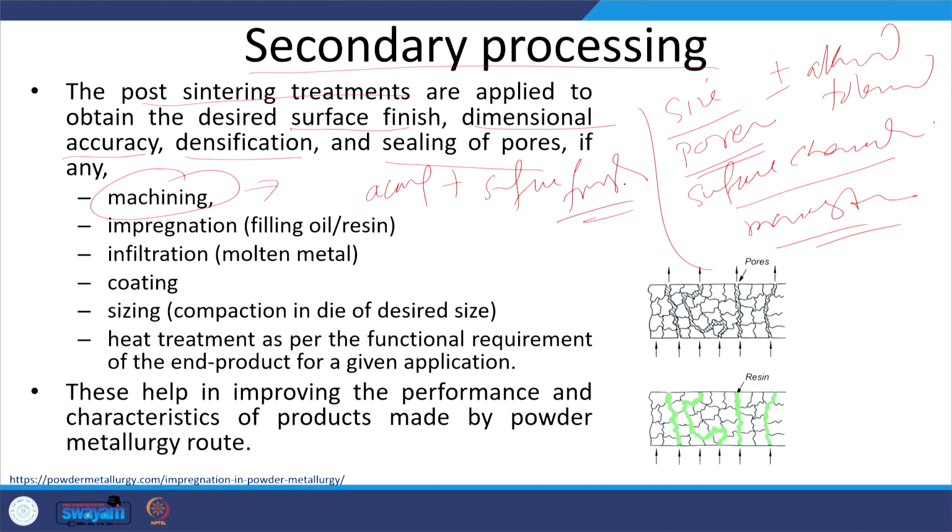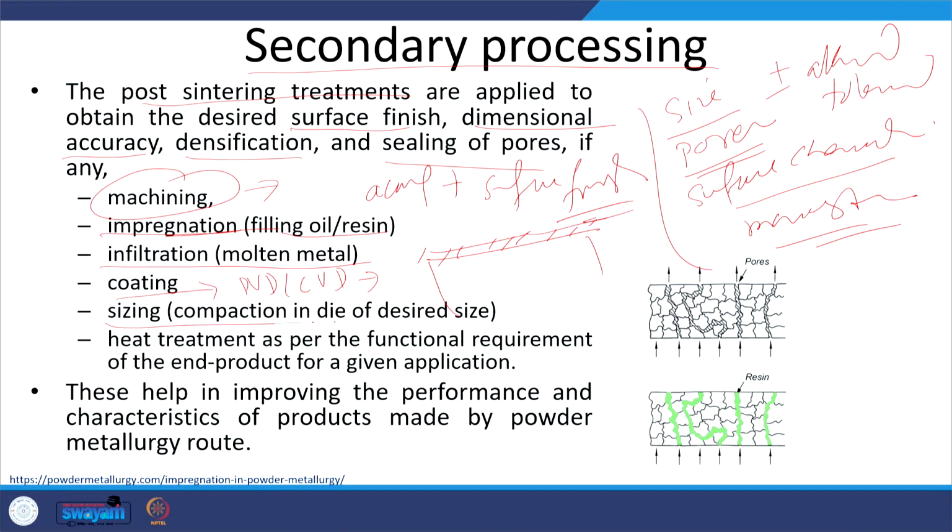Then impregnation, like the filling of oils or resins. And infiltration, where molten metal is filled into the gaps due to the pores. Then coating using methods like PVD or CVD is used for development of coatings over the surface of the products obtained through powder metallurgy.